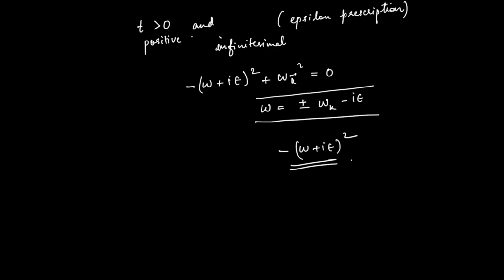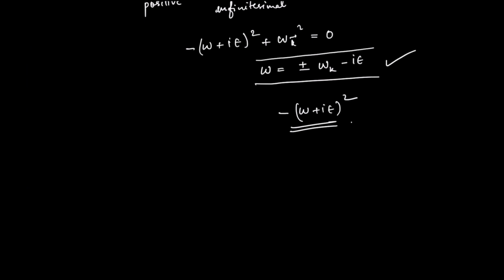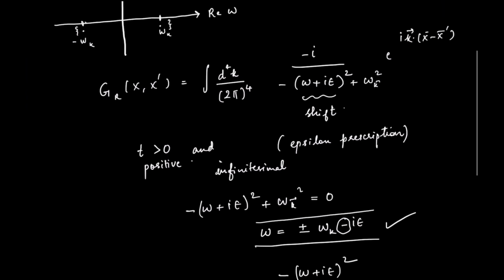By adding such a tiny piece to omega, the solution is also getting shifted. And here there is a minus. This minus indicates that the pole is shifted to the lower half of the plane. So this is for G_R, the retarded case.